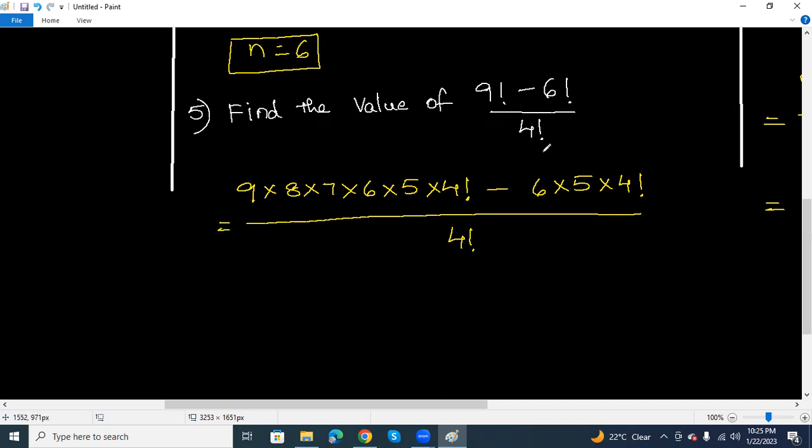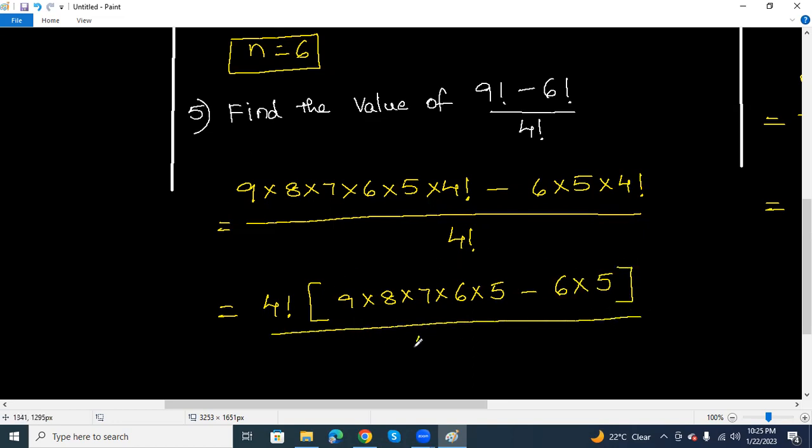When we have a negative symbol in the numerator, we can't cancel. So let's take out 4 factorial outside as a common factor. Then we get 9 into 8 into 7 into 6 into 5 minus 6 into 5, with 4 factorial taken out as common, divided by 4 factorial. Now we can cancel both.